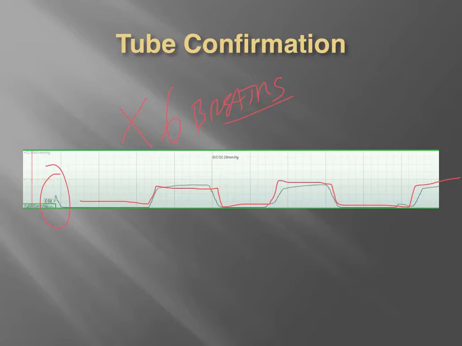Okay, we have to be vigilant with monitoring all of our devices, especially our capnography waveform on our monitor when we're either confirming, maintaining, or assisting with intubation. Okay. Now the nice thing about this waveform here, you can see again, nice and square.